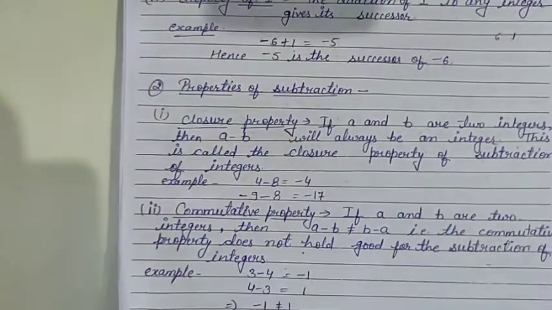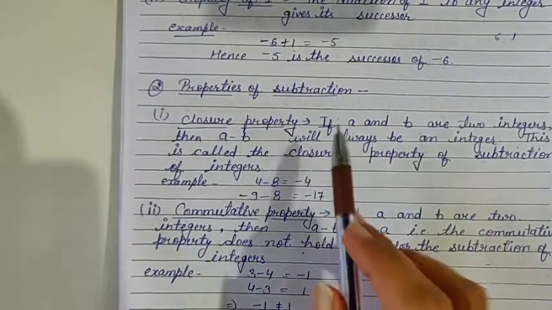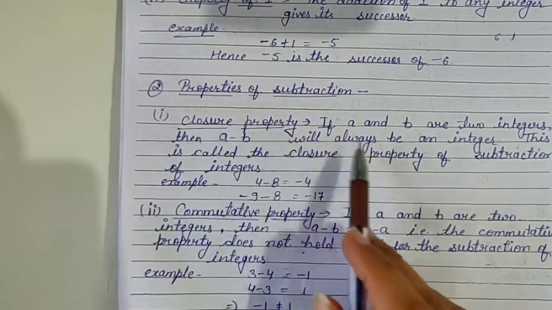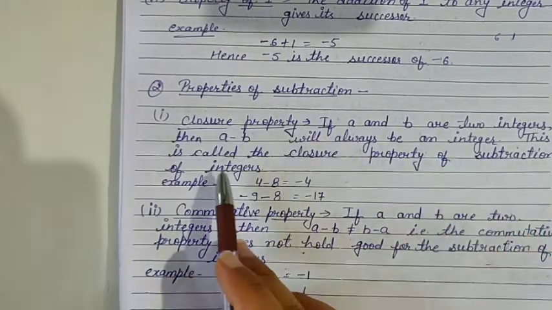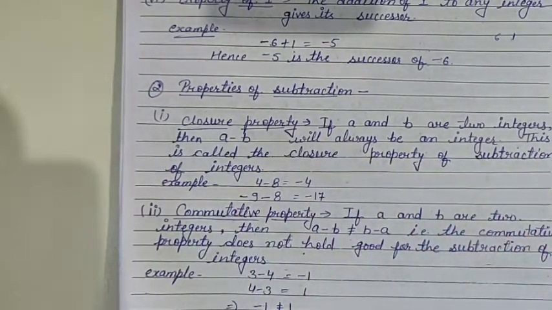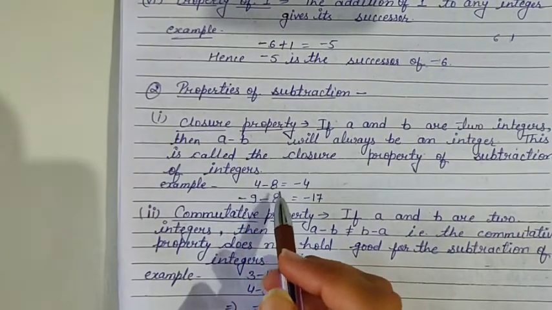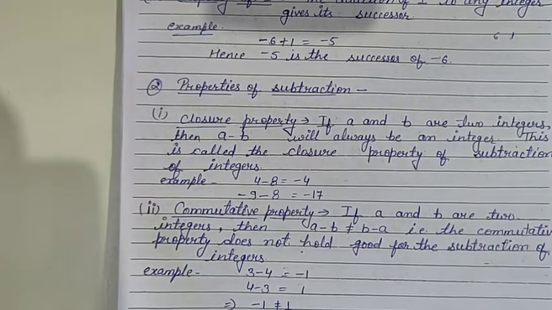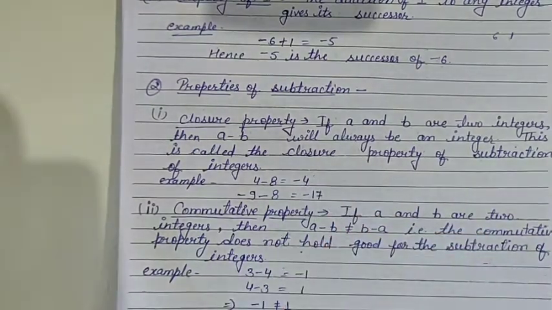Firstly, closure property. If a and b are two integers, then a minus b will always be an integer. This is called the closure property of subtraction of integers. For example, when we subtract 8 from 4, we get the result minus 4. So minus 4 is also an integer.